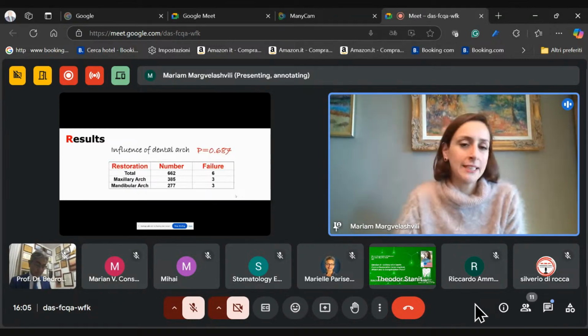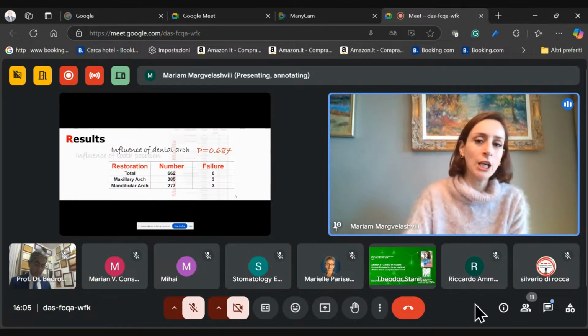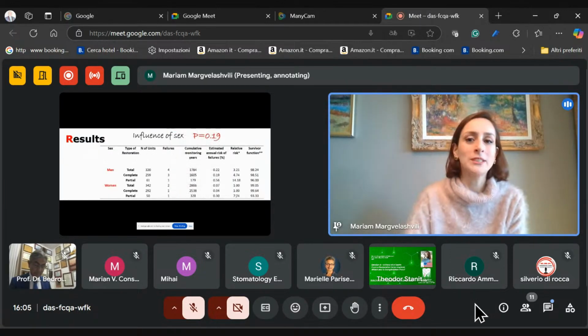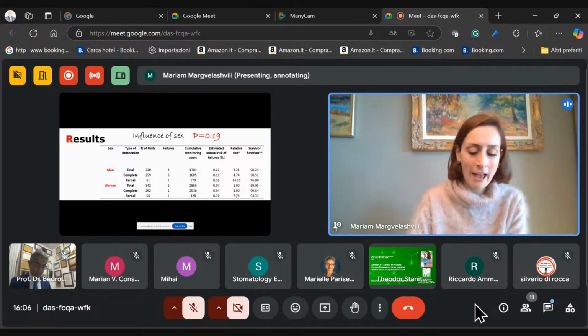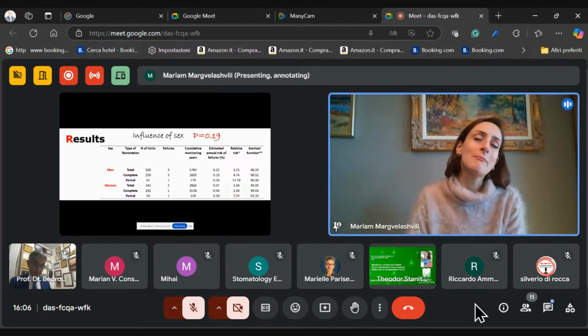Dental arch, maxilla and mandible have equal distribution of the failures, 3 each. Tooth position, like I said, all the failures happened in the posterior dentition, mostly molars, so that was a factor. Gender, interestingly, we all know that men have higher occlusal load.